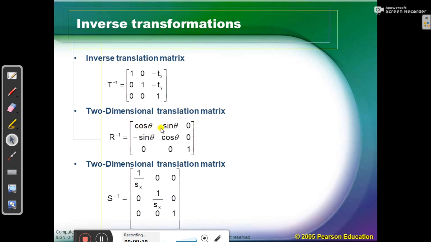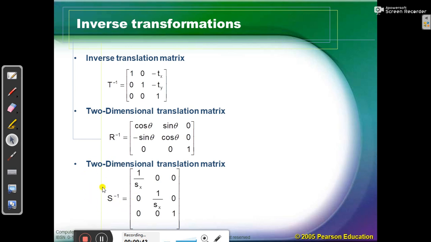This is the reverse rotation, and just using this matrix we can apply the rotation in the reverse way with the given angle.